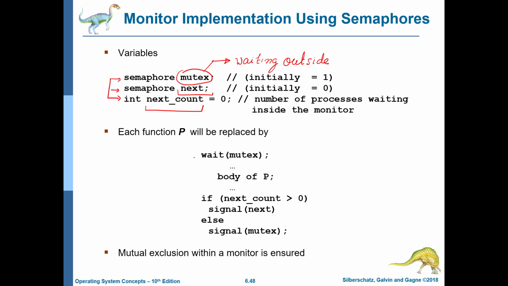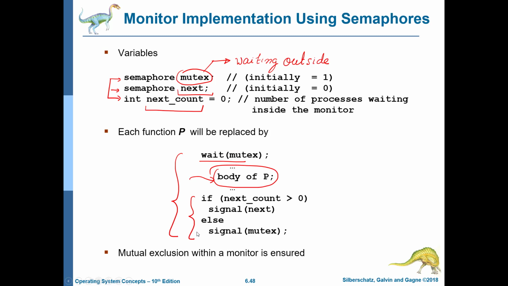Each function P is replaced by this code. The first line, needless to say, is wait mutex, where you need to grab the monitor lock first before you actually come into a function. Then you have the body of function P. After that, once you are done, you should give priority to functions that are waiting inside.